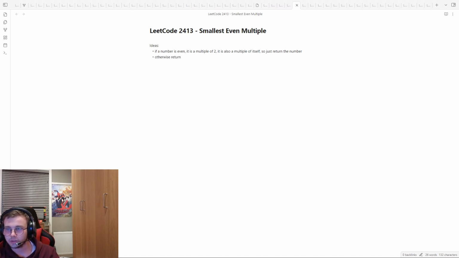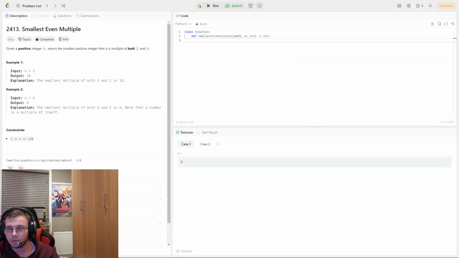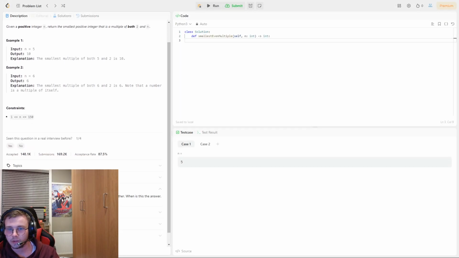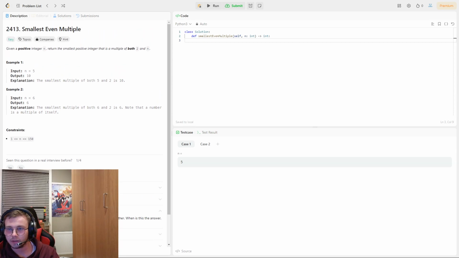Actually, I've seen that there's hints here as well. Don't know if you can see this, but hint 1 says a guaranteed way to find the multiple of 2 and n is to multiply them together. When is this the answer, and is there a smaller answer?